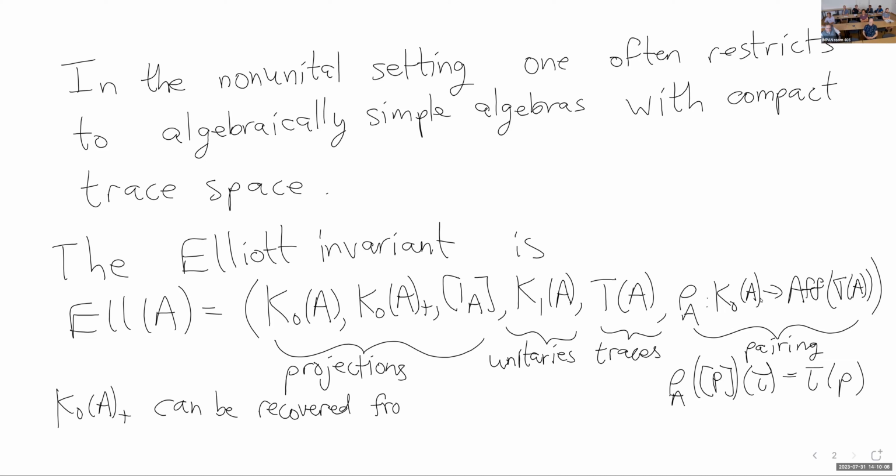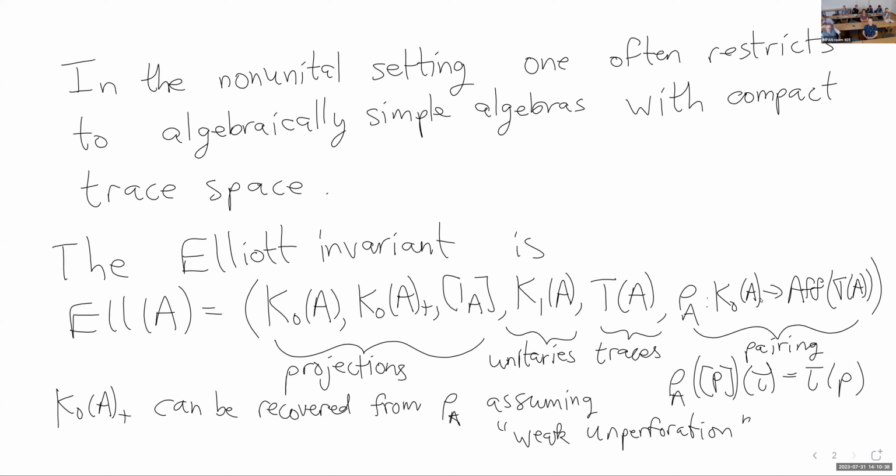The pairing is what's called weakly unperforated. And this weak unperforation, which maybe I will mention at some point, is automatic for the classified C-star algebras. Okay, so that's what the C-star algebras are, these infinite dimensional unital classifiable UCT.